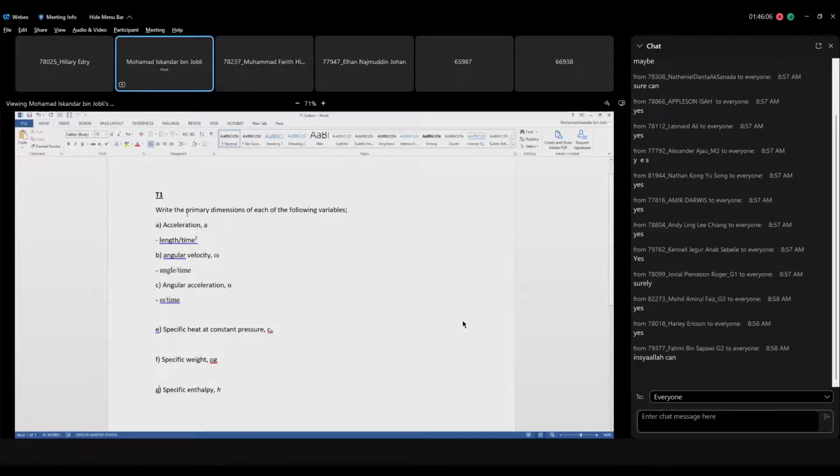I want you to write the primary dimension for all of these variables: the specific heat, the specific weight, the specific enthalpy. I'll give you the definition so that you'll do it faster.